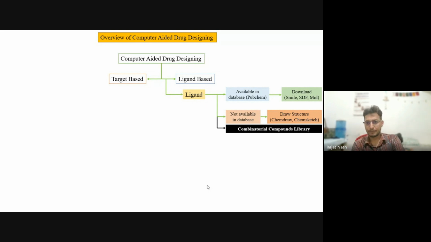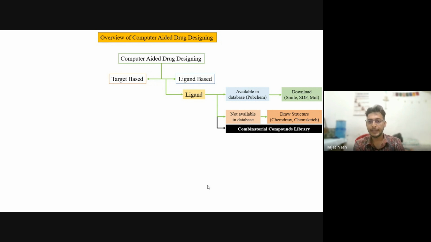Another avenue for ligand-based drug designing is the combinatorial compound library. In this process, if we have a ligand and it is showing some type of toxicity, or it is showing drug-like activity but there is some problem in this ligand, that it is not able to cross the cell membrane, or it has a solubility issue, what can we do?